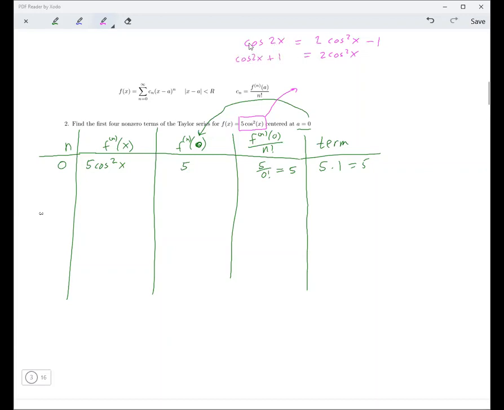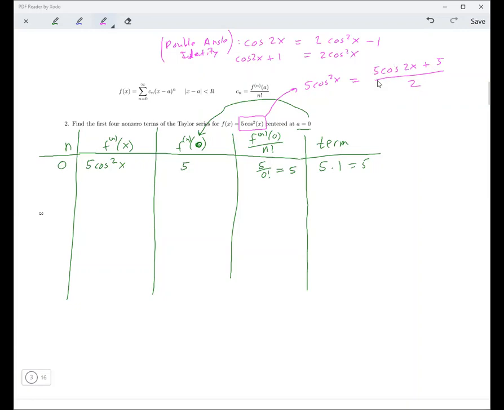That's just adding 1 to both sides. So this is a trigonometric identity, one of the double angle identities right here, and I'm just manipulating around that. So 2 cosine squared x is cosine 2x plus 1. Therefore, 5 cosine squared x would be 5 cosine 2x plus 5 all over 2. Okay, so dividing this by 2.